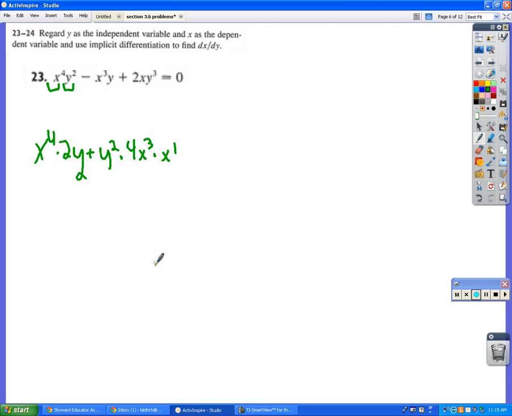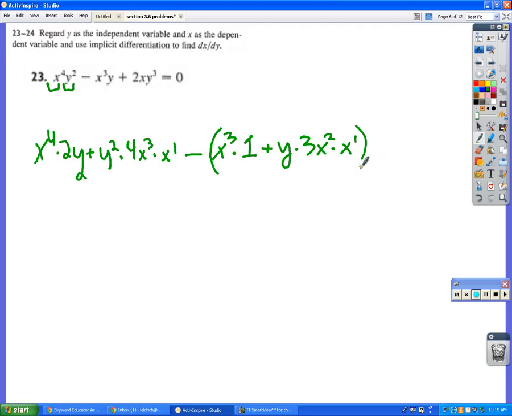Minus, product rule for this one. First one times the derivative of the second one. Now the derivative of y is just 1. And I need to subtract this whole thing. So first one times the derivative of the second one plus the second one times the derivative of the first one.